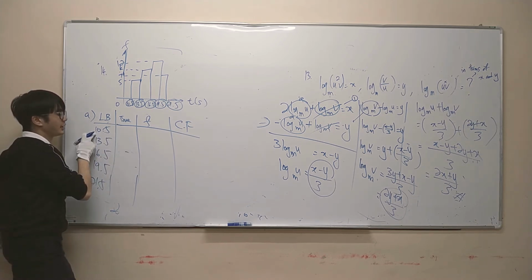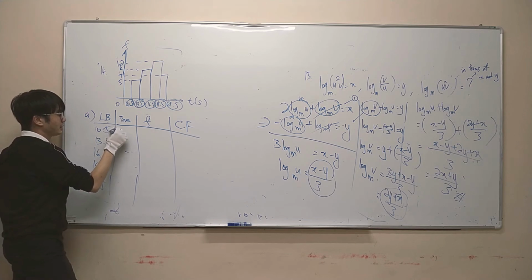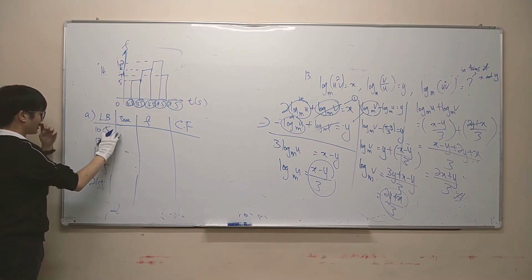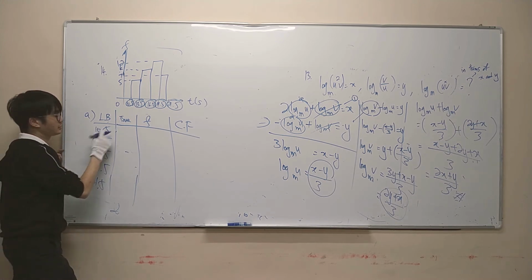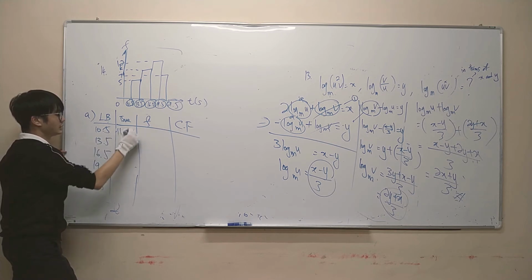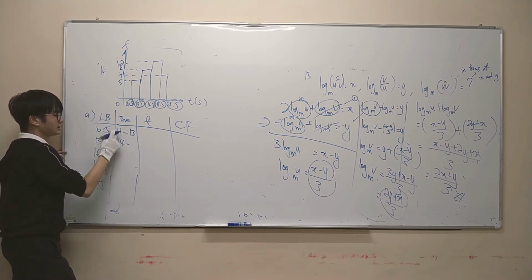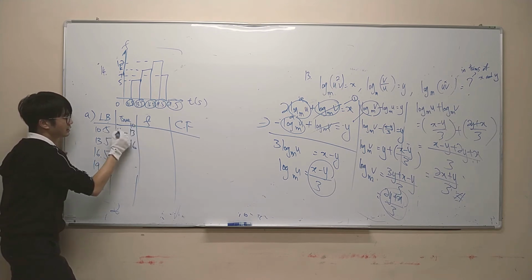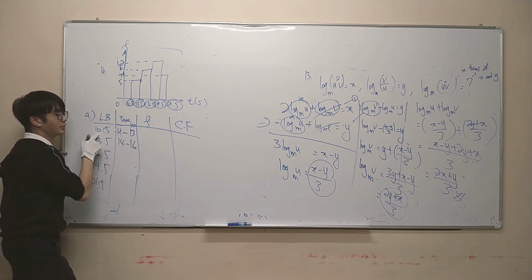Think. 10.5. So if I put 9 here, betul ke? I want to make sure the lower boundary is 10.5. So I should put 11 lah. 11 until what? Until 13. And then 14 until here plus 3, here also plus 3, 16. Faham ke? Because the lower boundary of this class should be 10.5.